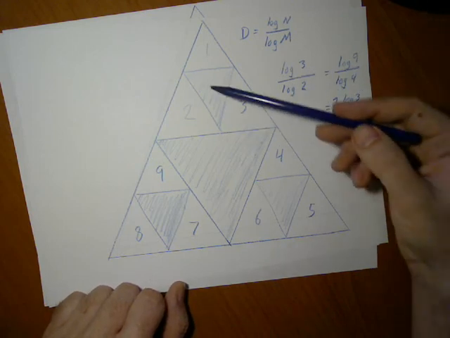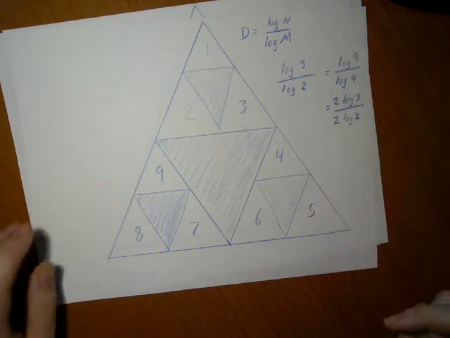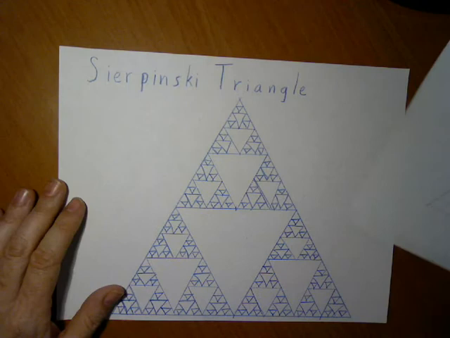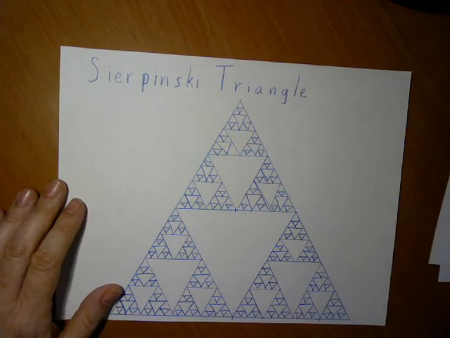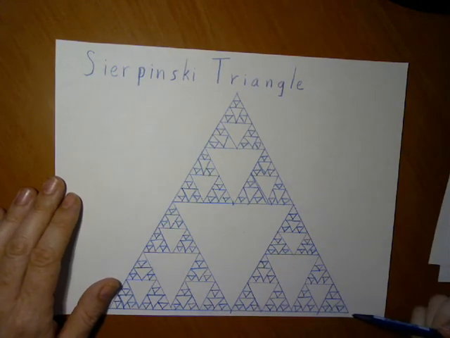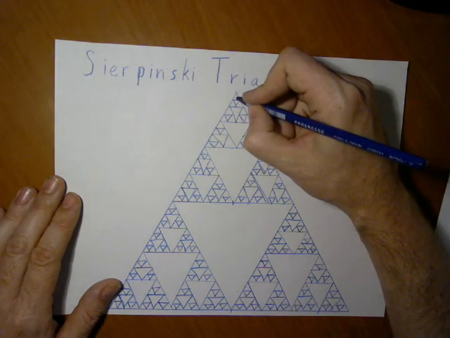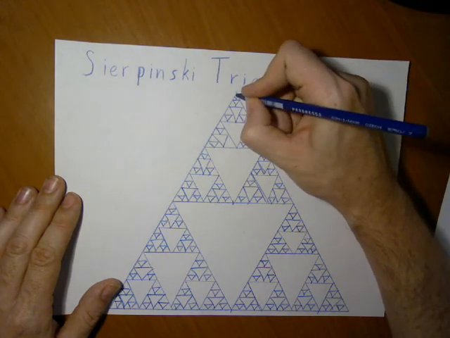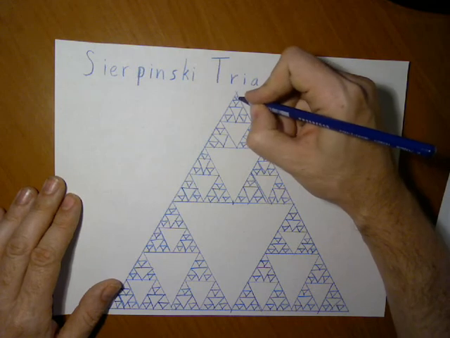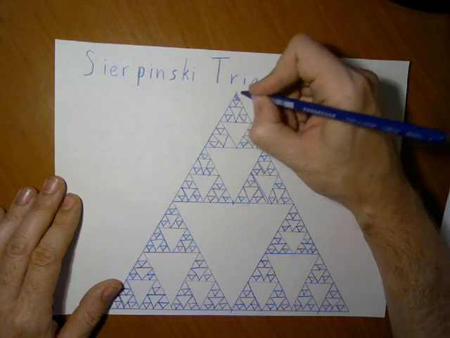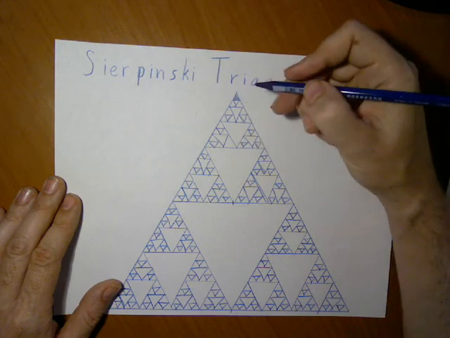If we continue this process of removing the center triangle ad infinitum, we get something that looks a little bit like this. I have drawn this out for 6 generations, and theoretically I would continue further and further, removing the center triangle, and then the center triangle of the ones I've left, and it gets harder and harder to do that.